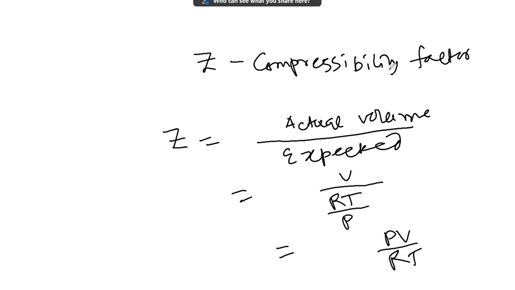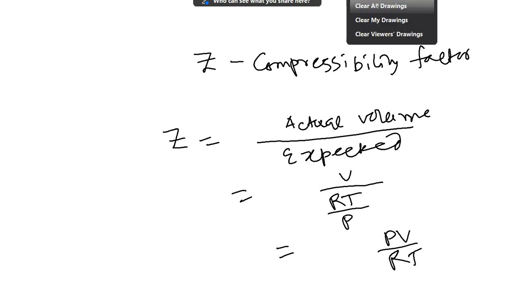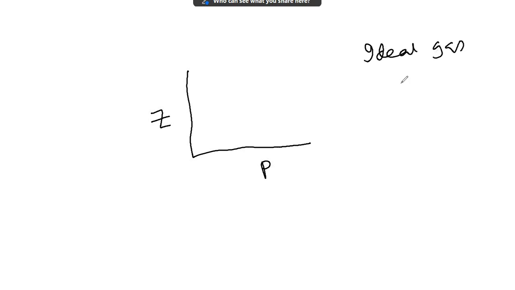Now, when I plot Z versus P, I find this phenomenon. For an ideal gas, Z, that is PV, V observed by RT, equals 1.